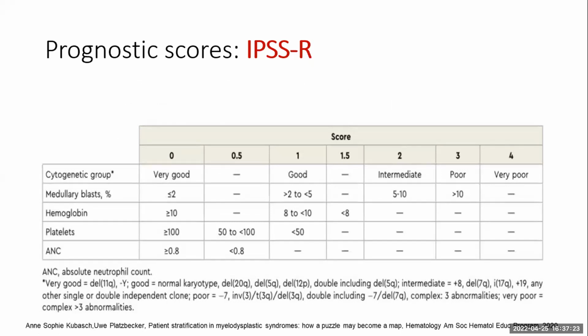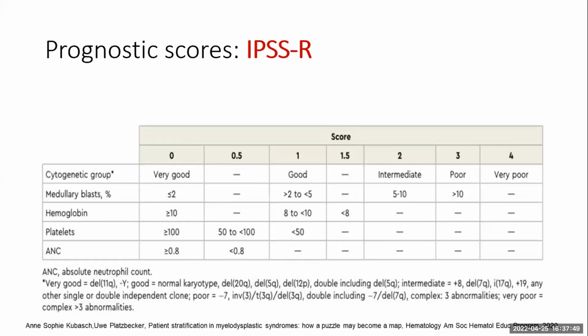The cytopenias here are clearly defined: hemoglobin, platelets, and neutrophil count. Hemoglobin, for example, is graded as less than 8, between 8 and 10, or more than 10. Platelets are less than 50, between 50 and 100, and more than 100. And for neutrophil count, less than 0.8 or more than 0.8.